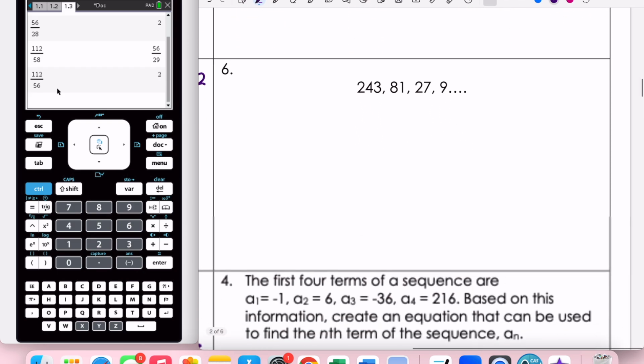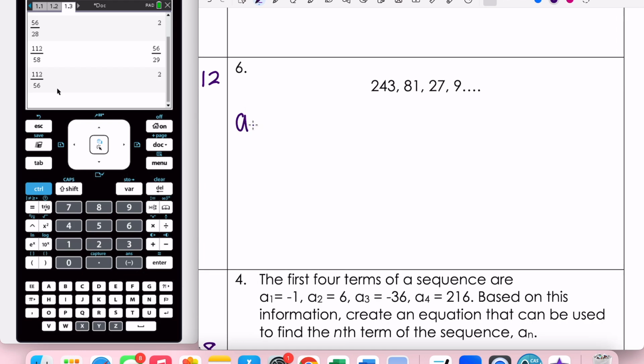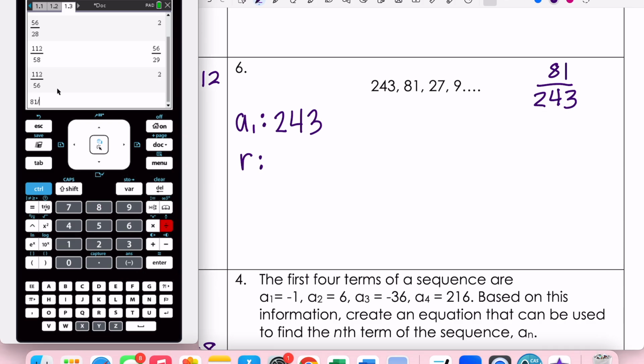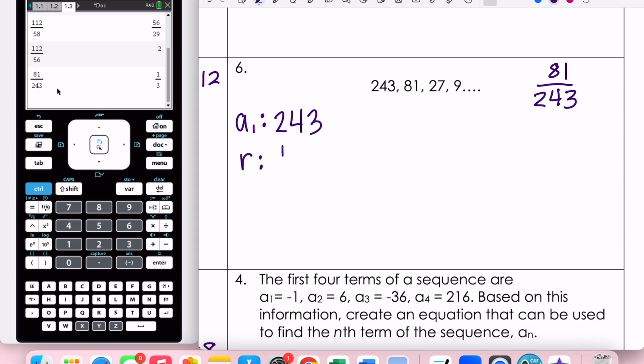Okay, number 6. Again, I want to find my initial term and my common ratio. My initial term is 243. To find my common ratio, I'm going to take the second term of my sequence and divide it by the first term. So in my calculator, I'm going to take 81 and divide that by 243, and I see that I end up with 1/3.